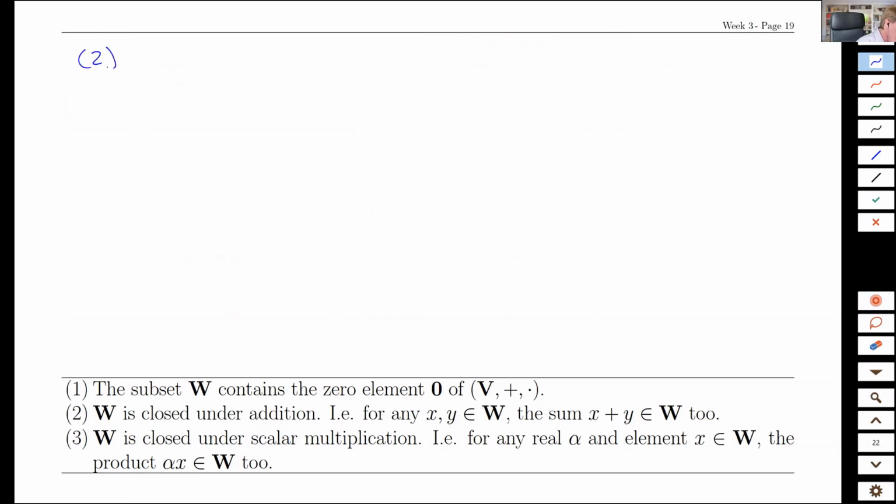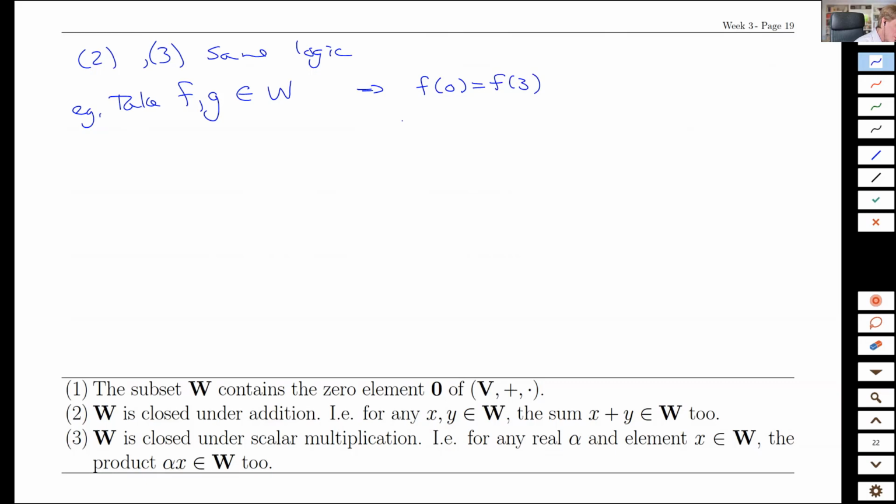For 2 and 3, it's the same kind of logic as before. You can imagine what happens if I take an f and a g from the set. As soon as I take those two things, I know that f of 0 is equal to f of 3, and g of 0 equals g of 3. And now we test f plus g.